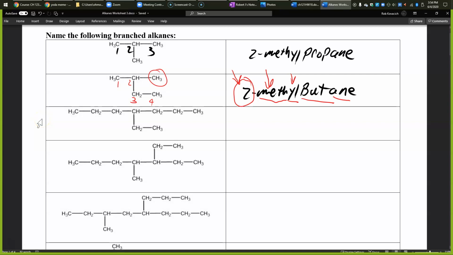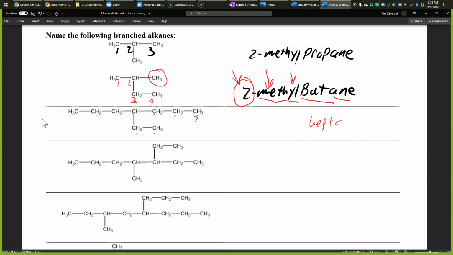Okay. How about this next one? The longest continuous carbon chain is 6, correct? Yes. 7. 1, 2, 3, 4, 5. Did you count down? Yeah, I counted down. All right, so it's 7, so that's a hept.